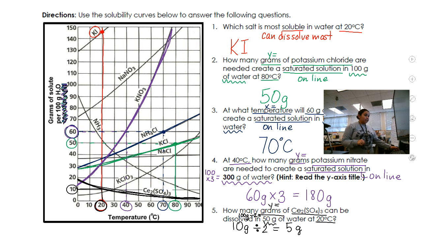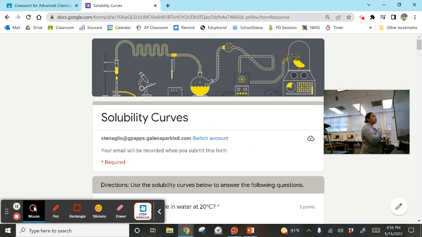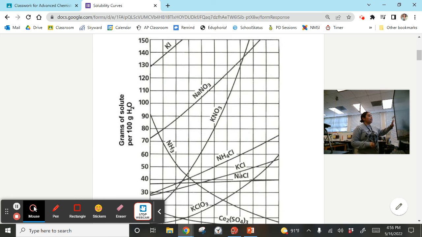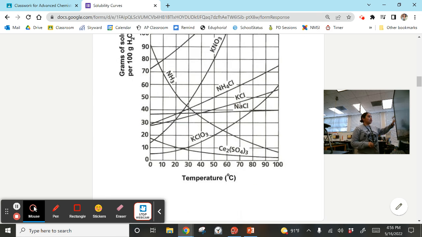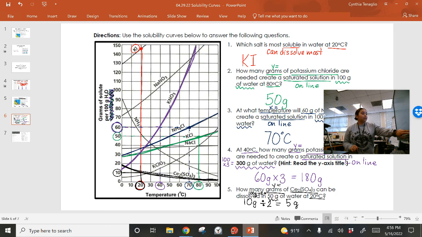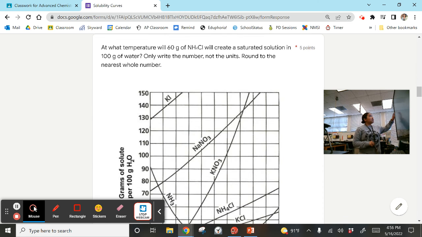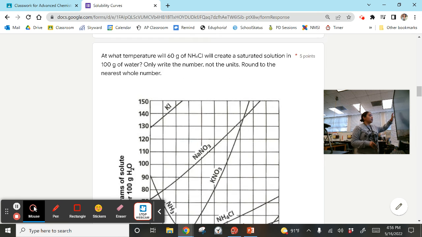So now that you've seen these examples, I want you to transfer your answers over here to the solubility curves graph. So notice I'm going to go ahead and put KI as the most soluble salt. And then here I'm going to put 50 degrees Celsius as my second, or 50 grams, I apologize. Notice how I only put 50, not grams, because it's only going to let you put in numerical answers.